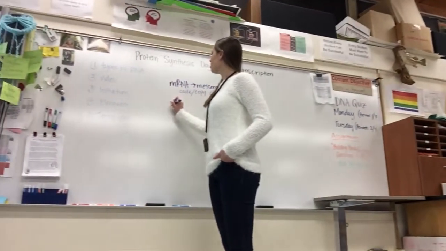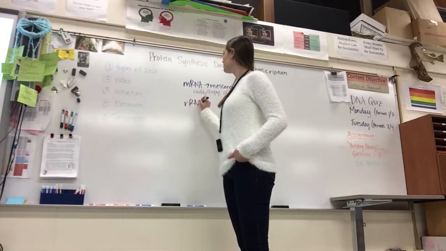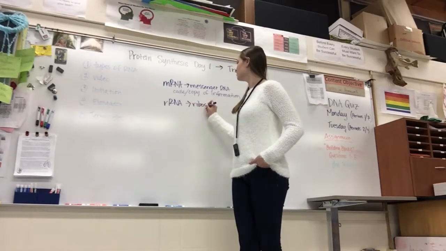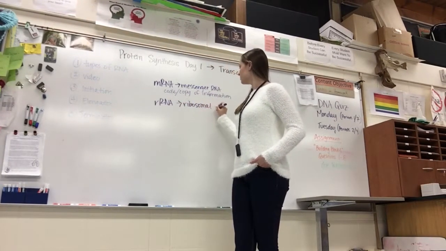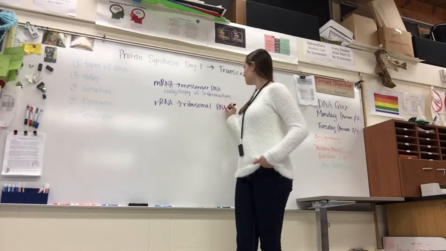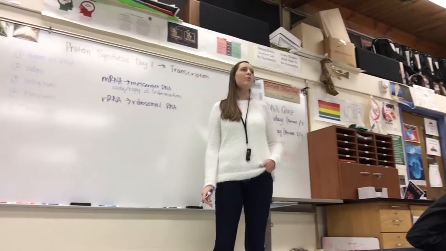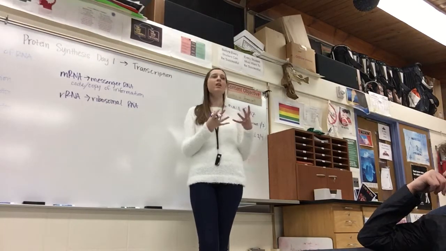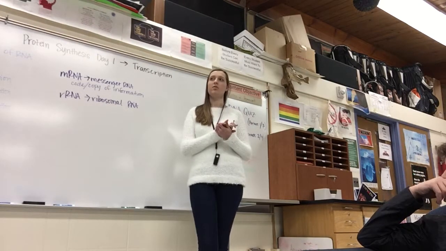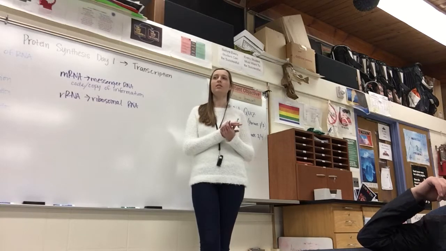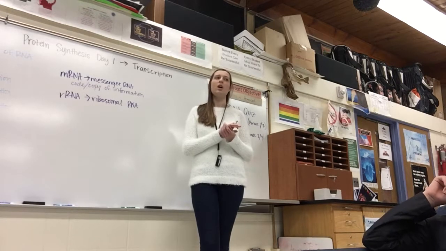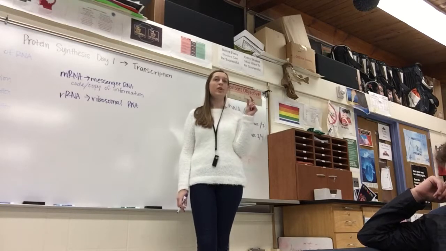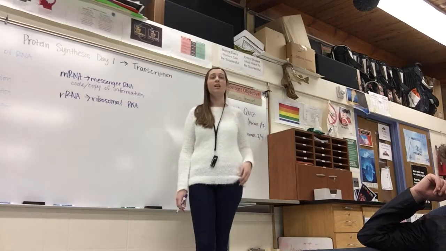Next, we have what's called rRNA. It is ribosomal RNA. Ribosomal RNA, together with protein, is going to help to make our ribosomes, which, if you remember back to the organelles that you guys looked at, are these little things that are stuck on the outside of the endoplasmic reticulum, or they may just be floating around in the cytoplasm.